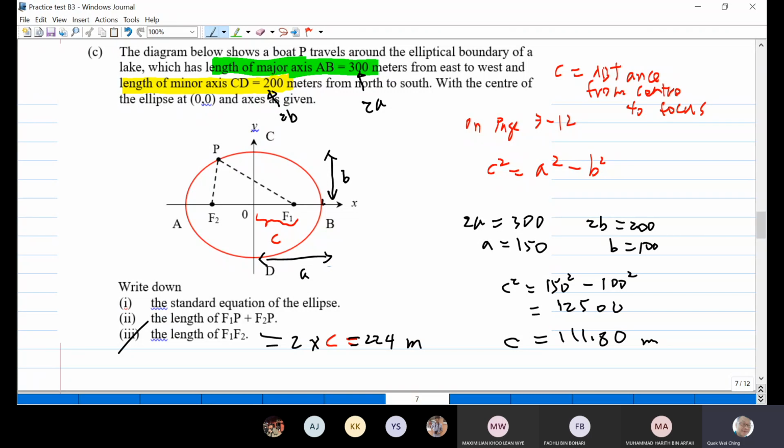Okay, this is how to answer part 3 of question 3C, right? So I have WhatsApped this to you first.